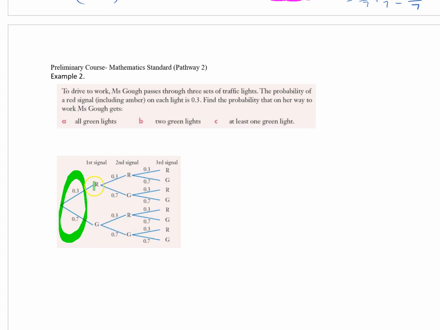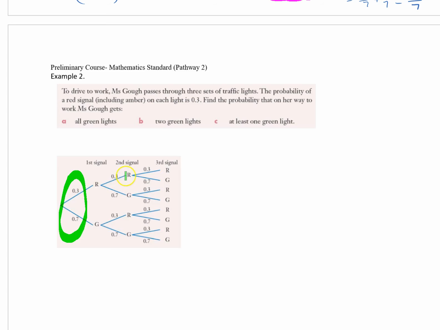So, if the first set of lights was red, there is no reason why the second set of lights couldn't be red, or it could be green. And the probability is not going to change. It's been stated that the probability of a red signal anywhere on each light is 0.3. So red is always 0.3.